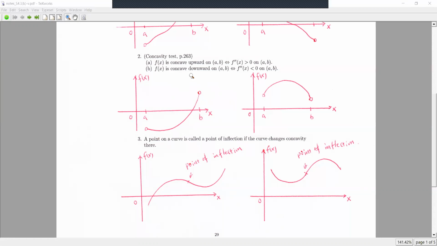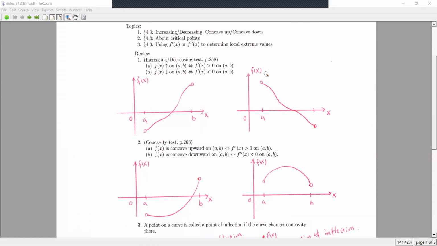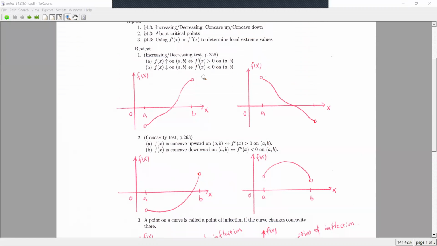A curve is concave down if and only if second derivative is negative. Keep this in mind. First derivative is about increasing, decreasing. Second derivative is about concave up, concave down. Keep this in mind.